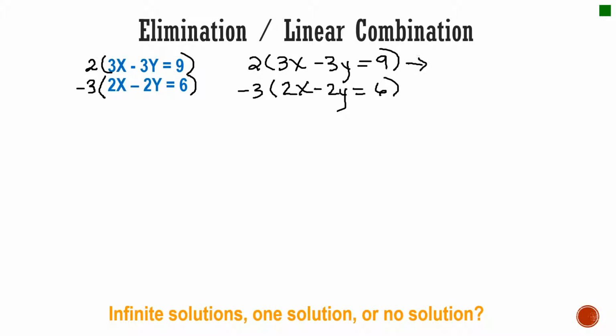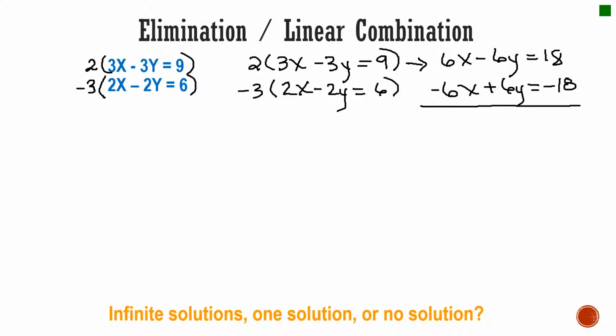What this gives me, using distributive property, is 6x minus 6y equals 18. Then I have a negative 6x plus 6y equals a negative 18.